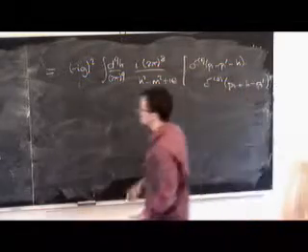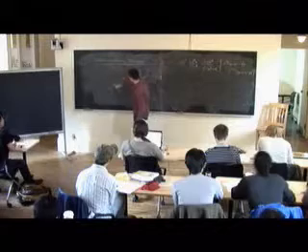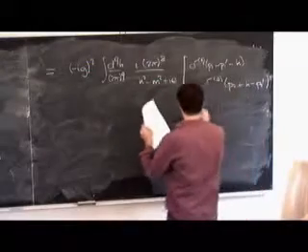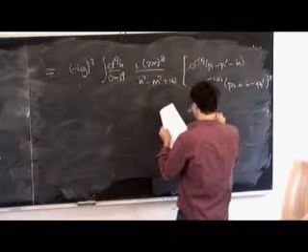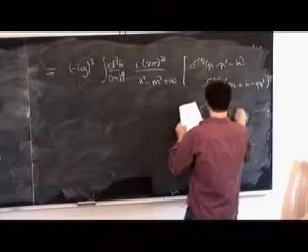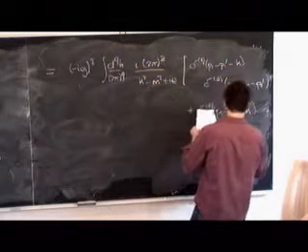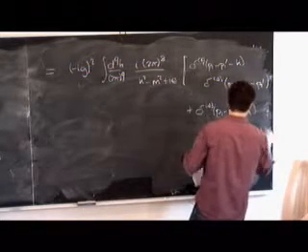So the sum of momenta going into this is 0, the sum of momenta going into this is 0. That's these 2. And then the second diagram, plus k.